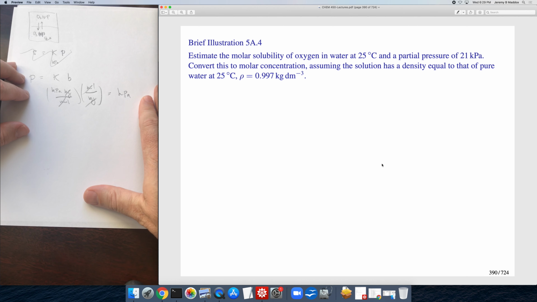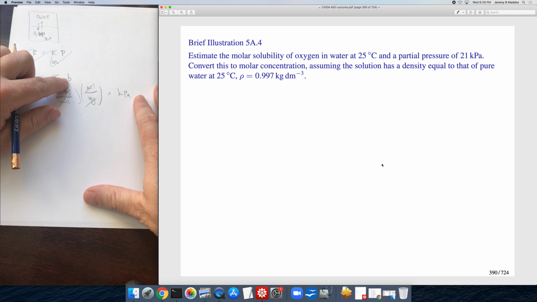And so they want us to calculate the molar solubility. What we're going to get out of this is the molality.